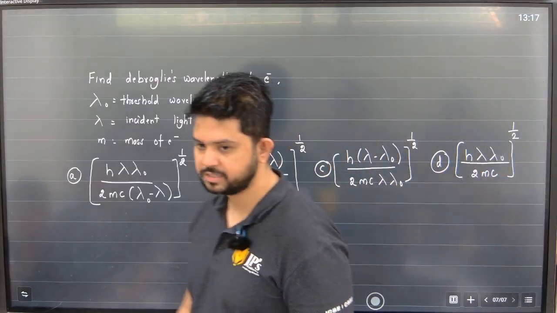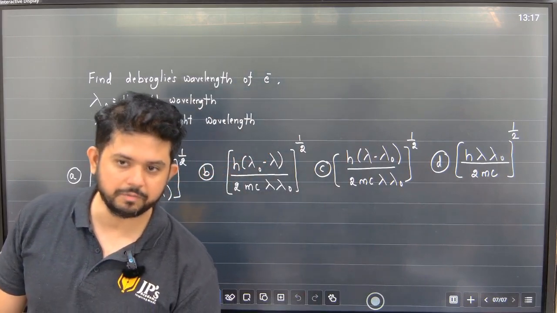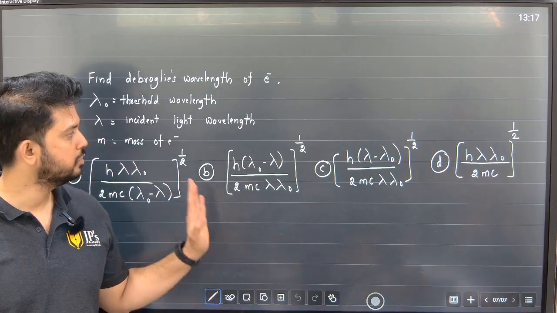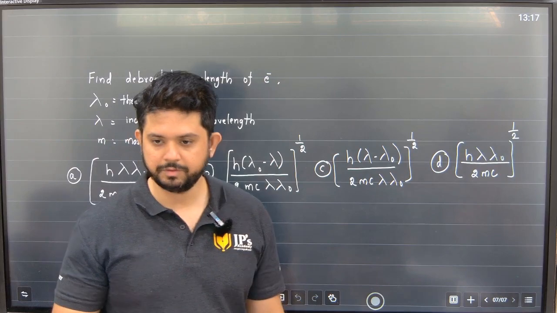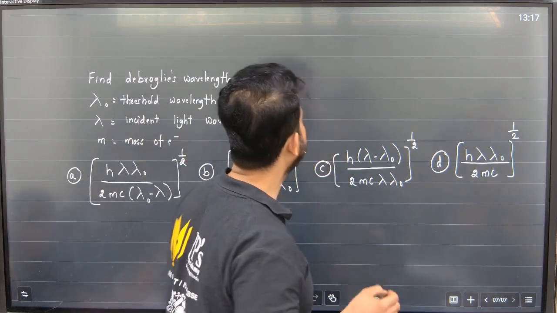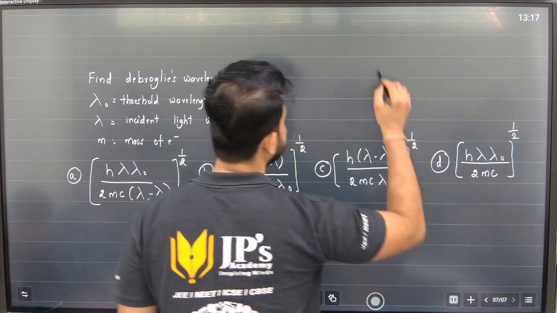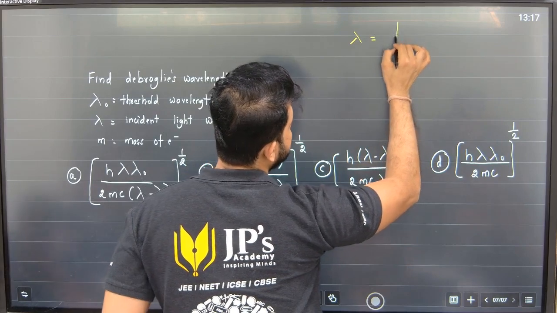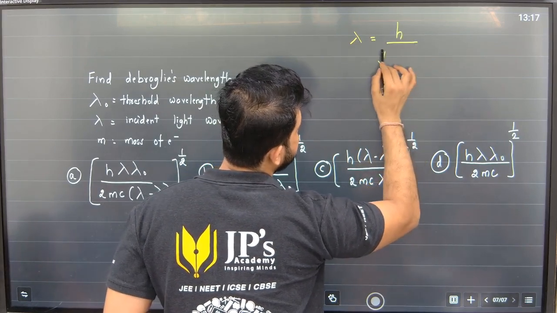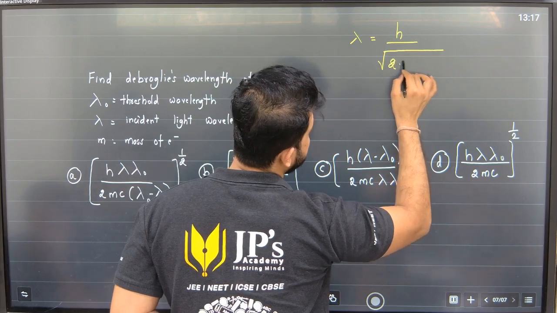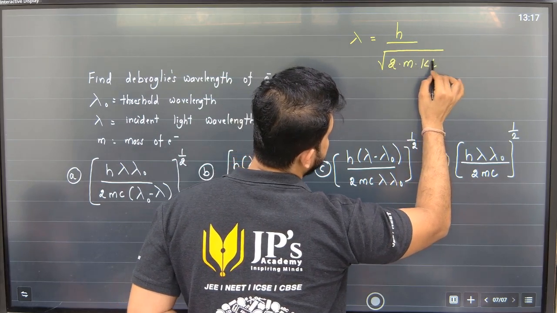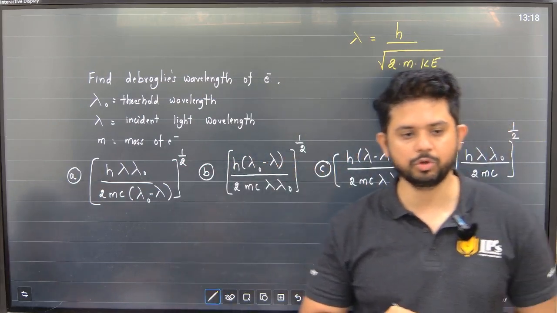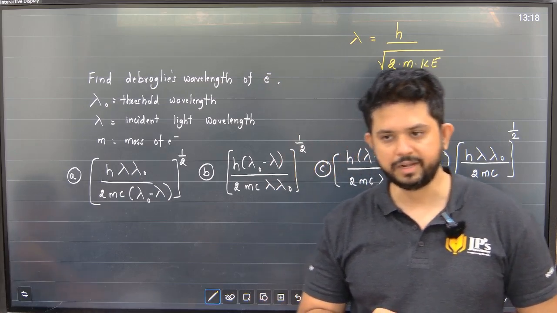Okay, and the last question that we have: we haven't done de Broglie wavelength, so this question will not come. However, students who still want to try, we have a relation called de Broglie's wavelength, which we will study later in the chapter. Wavelength is equal to h upon root of 2m kinetic energy.